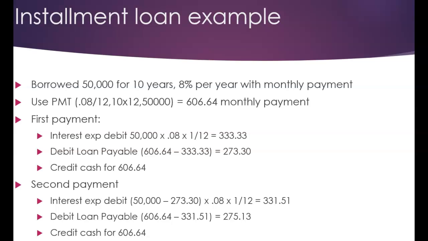That's what an installment loan example is showing you. How can we determine from the payment amount and the rate of interest for that particular loan what part of it is the expense and what part of it is the principal? And we utilize that information to not only record our transaction or the payment, but also create an amortization schedule.